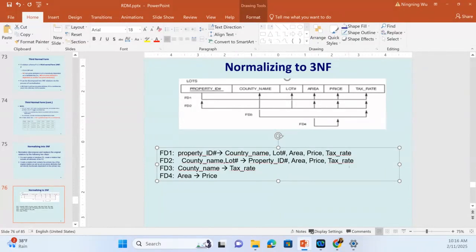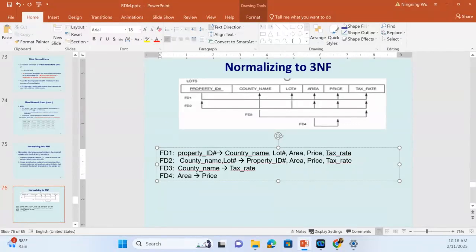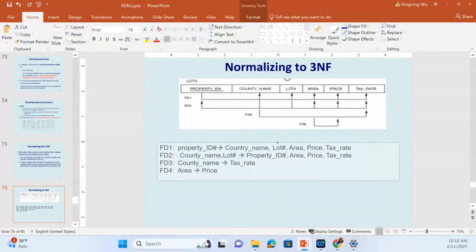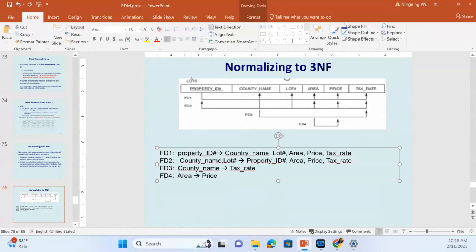Now, if you pay attention to FD2, this functional dependency contains all attributes of the relation schema. So in this case, we consider county name and lot number another key, because it determines all other attributes in the relation schema: property ID, area, price, and tax rate. So that really indicates this relation schema has two keys.